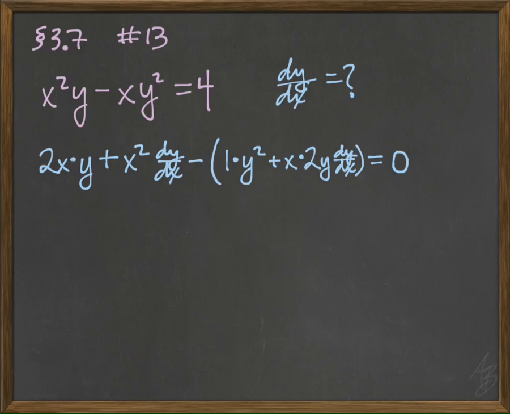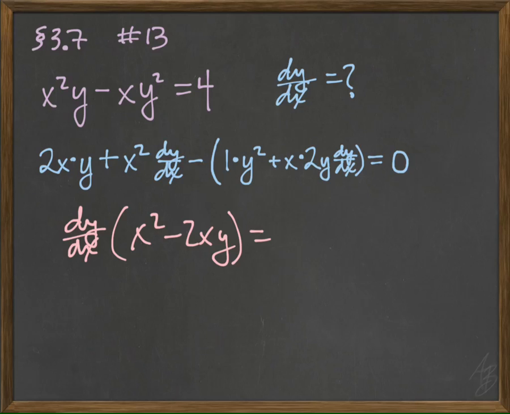Okay, again, we need to collect the dy/dx terms on one side. So we get dy/dx times the quantity x squared minus 2xy on the left. You guys agree with that? And then on the right, we're going to have y squared minus 2xy.